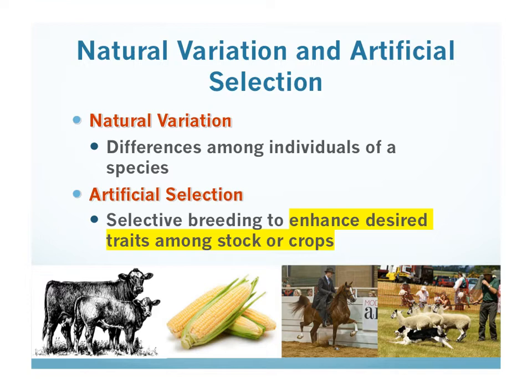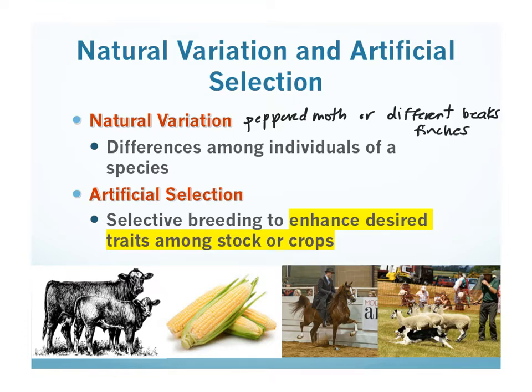So natural variation and artificial selection. Remember, natural variation is differences among individuals of a species. Okay, so again, the peppered moth would be a great one to look at, or different beaks in the finches, in Darwin's birds.